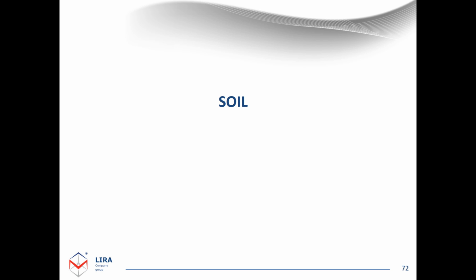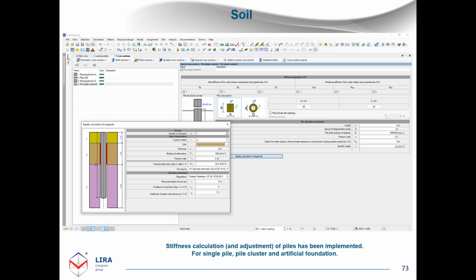Let's move on to innovations implemented in the soil system. First of all, I have to say about new capabilities for automatic calculation of stiffness properties of piles. All 6 characteristics are calculated at the same time.